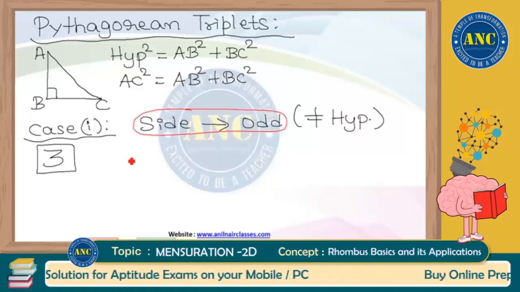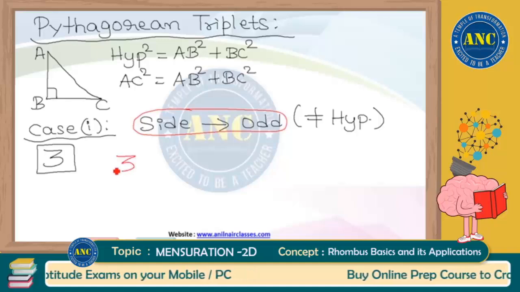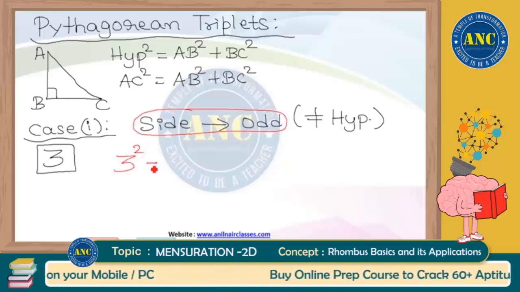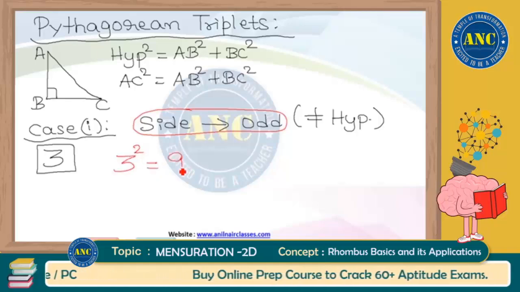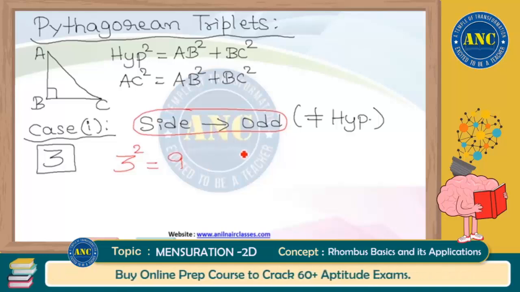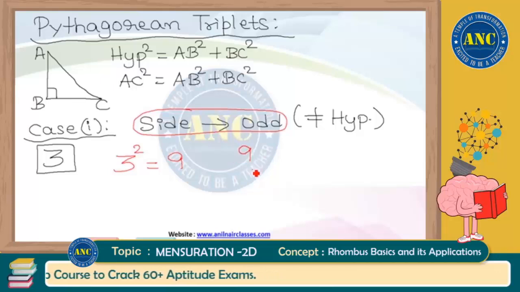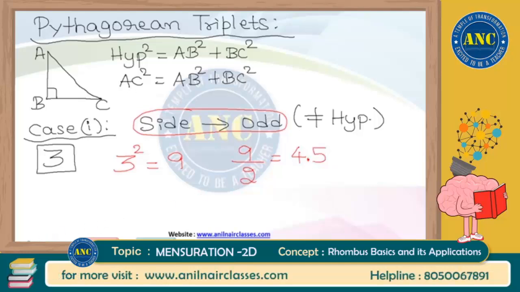very, very easy logic. Take that number 3, square it. 3 square becomes 9, right? Whatever value you got when you squared it, divide it by 2. 9 by 2 is 4.5. When you get that 4.5, subtract 0.5 from it. 4.5 minus 0.5 is 4.